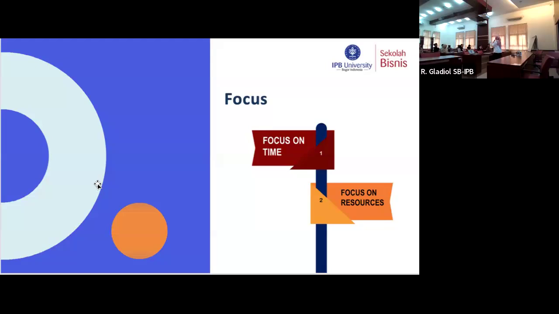Blocking time is important for you. It makes you prioritize things. But if your daughter or your parents call, it's not necessary every day, right? So please find your best method to allocate the time and resources. Just find your best methods. You can do the same as me, blocking time or else.